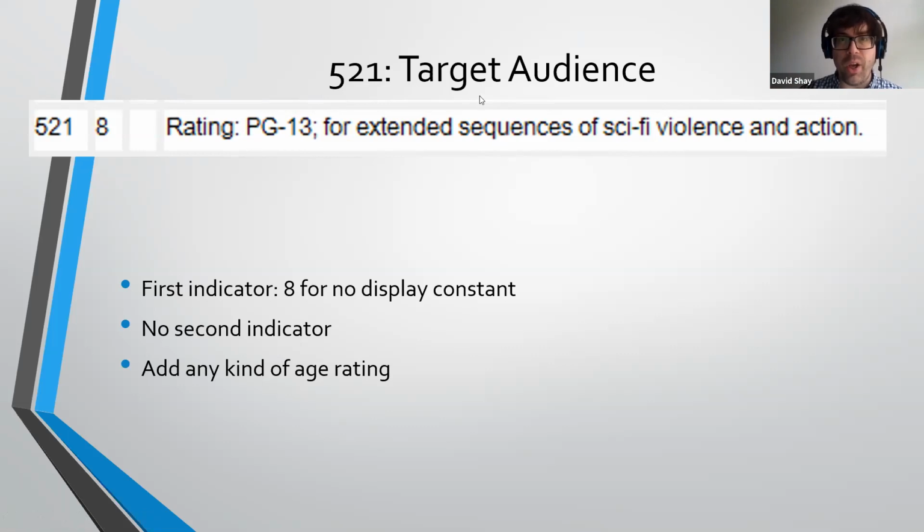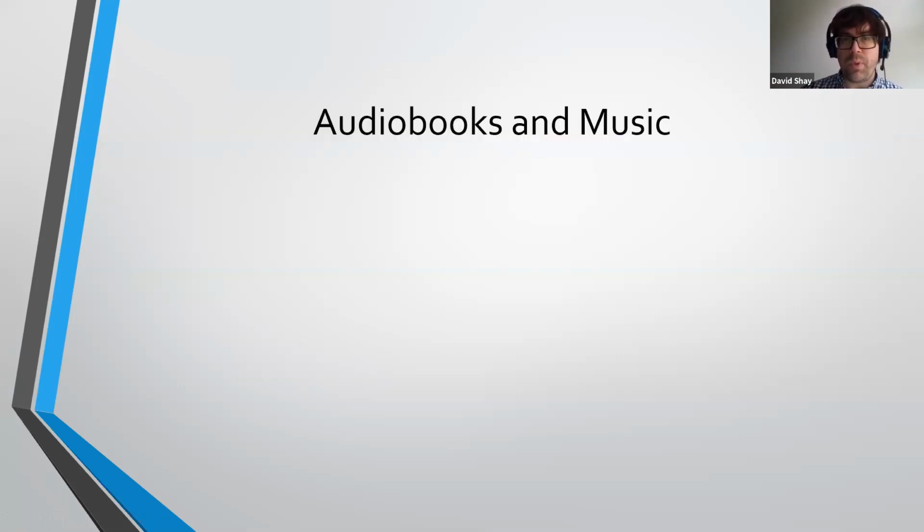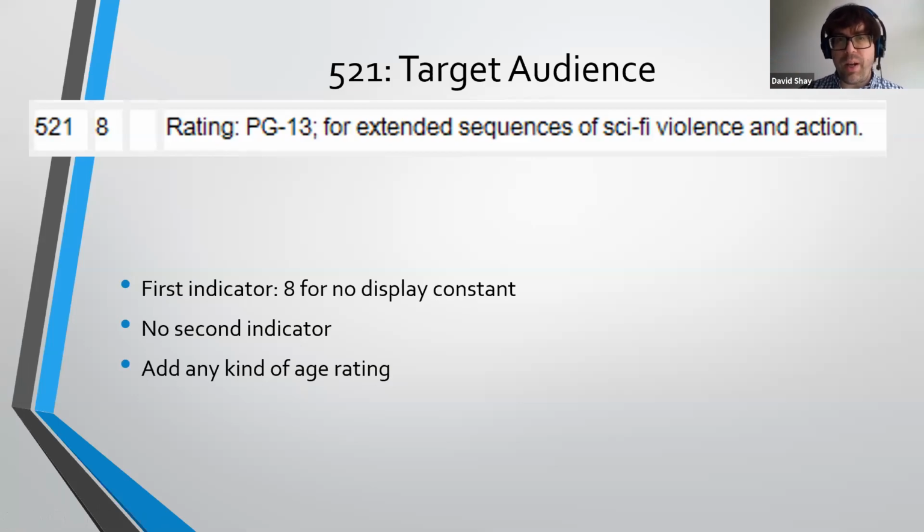And this is something that can go in other things. So you can have a 521 in a book for a target audience if you wanted to. So things like early reader kind of things, or any kind of thing that you wanted to get a target audience mentioned to. And that's kind of the basics.